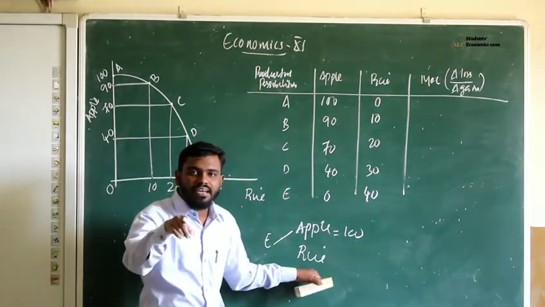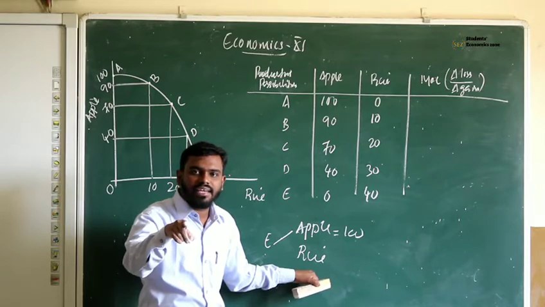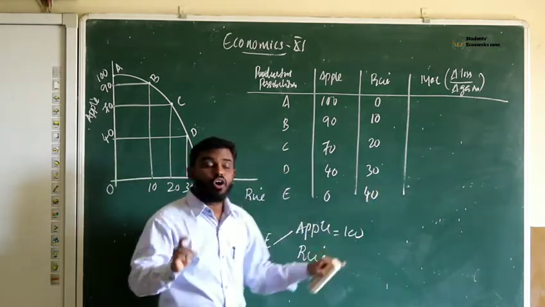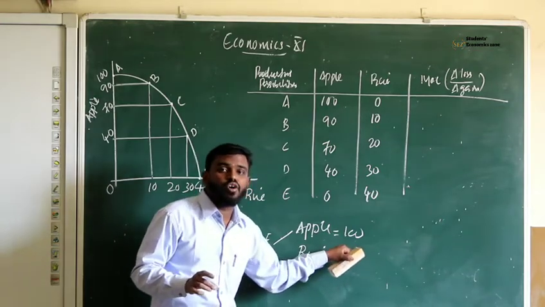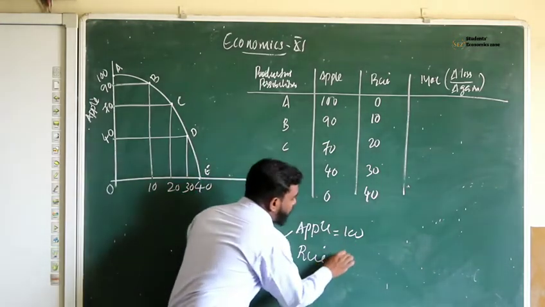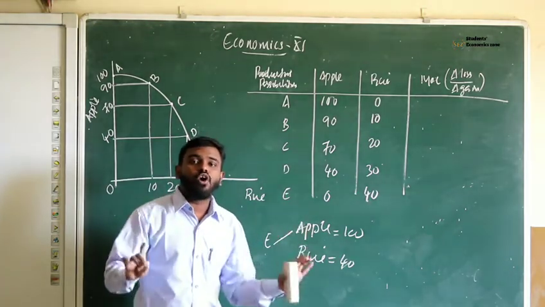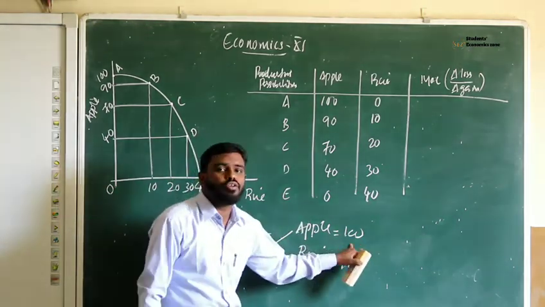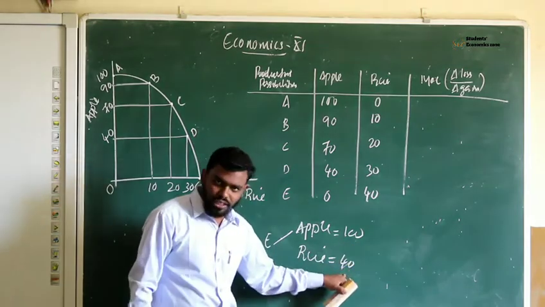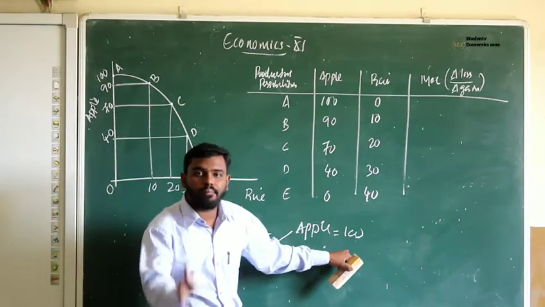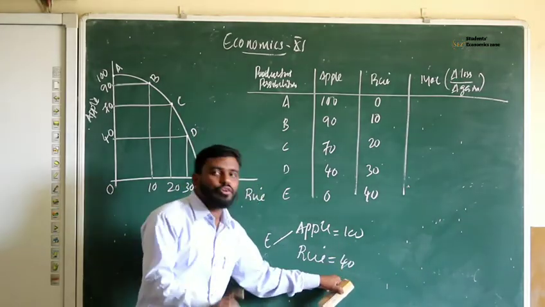If they utilize their entire resources for the production of rice, then at that time they can produce 40 units of rice. So by producing these 100 units of apple, they are sacrificing 40 units of rice. So the total opportunity cost of 100 units of apple is 40 units of rice.